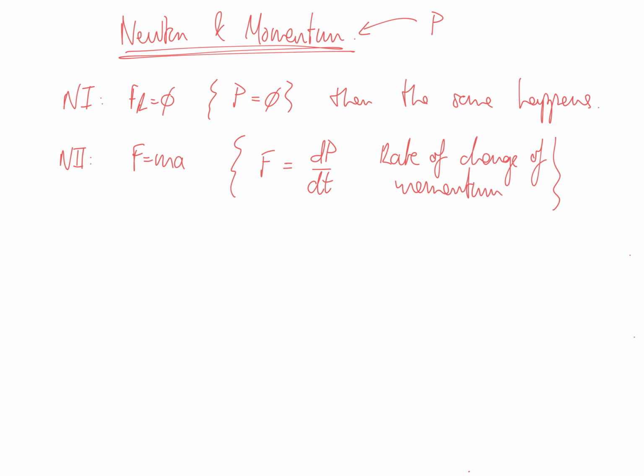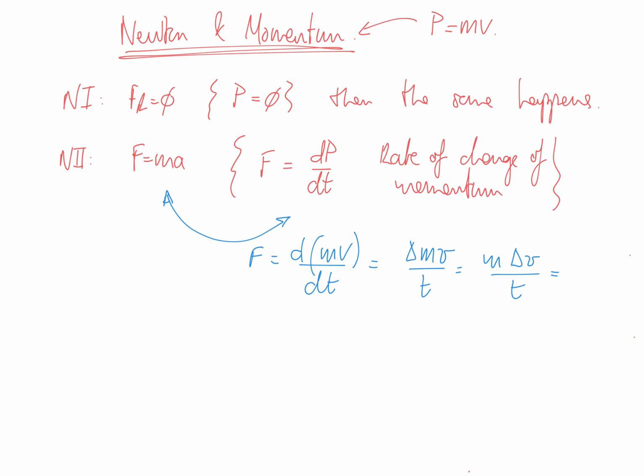And I suppose, now let me just write in the mv so you can see what momentum is. I'm sure you recall that. Let's see how these two link. Well, of course, F equals the rate of change of momentum with regards to time, which is the same as saying the change in momentum divided by the time period, which is mass times change in velocity divided by the time period, which is indeed mass times the acceleration.